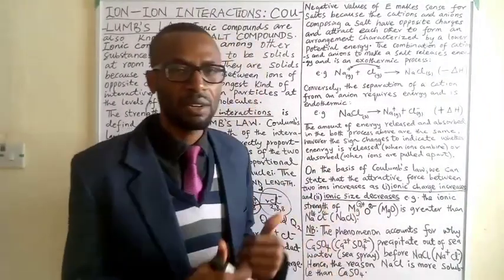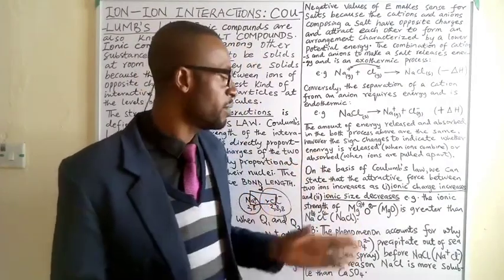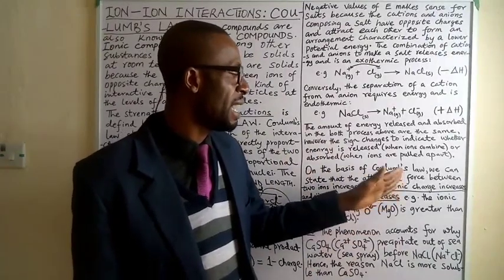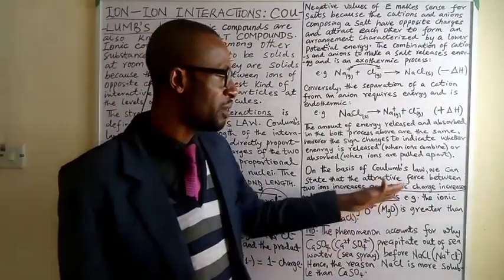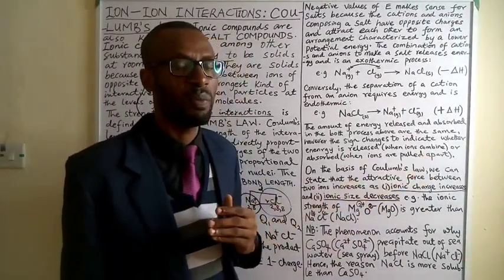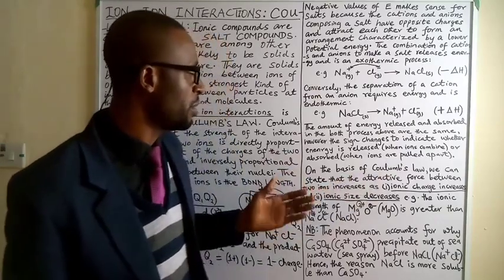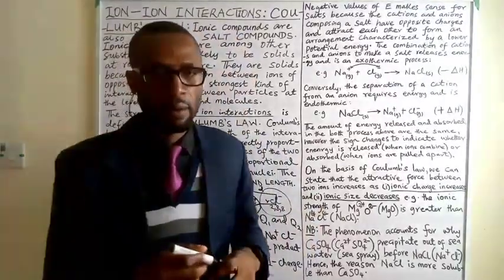Magnesium oxide and calcium sulfate have a stronger ionic bond than sodium chloride. And this is because of the higher ionic charge. So ultimately, as ionic charge increases in an ionic compound, the attractive force between the ions also increases, and hence the stronger the ionic bond.